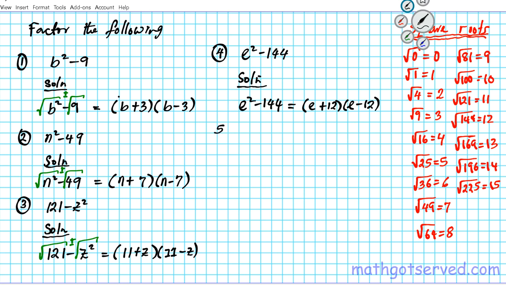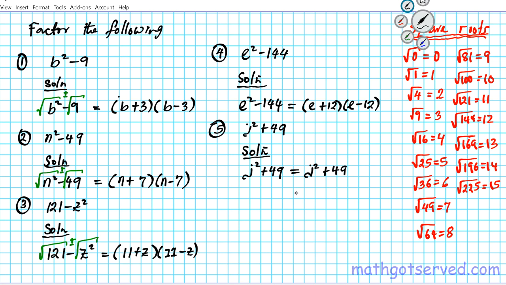All right, number 5. Let's say we have j squared plus 49. What is this one going to be? The factored form is going to be j squared plus 49. Whoa, what just happened?